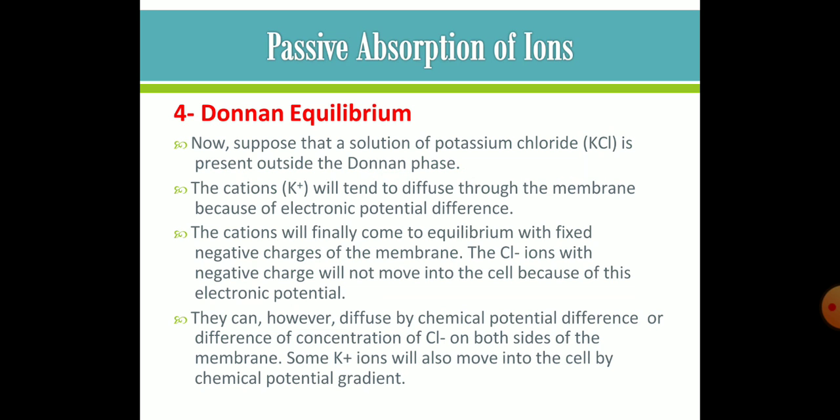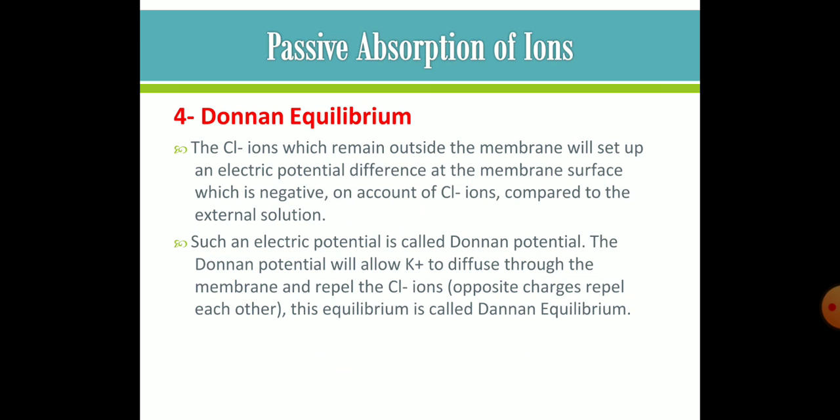The Cl, chlorine ions with negative charges, will not move into the cell because of this electrical potential. They can, however, diffuse by the chemical potential difference, or the difference in the concentration of chlorine on both sides of the membrane. Some potassium ions will also move into the cell by the chemical potential gradient.